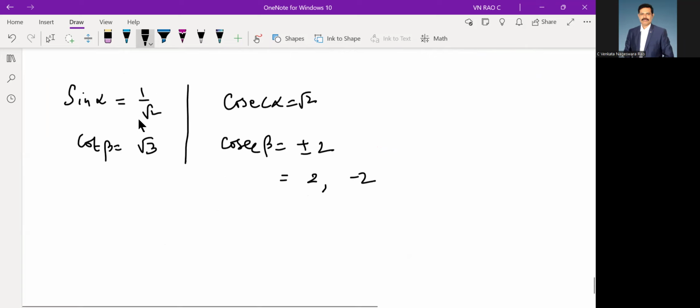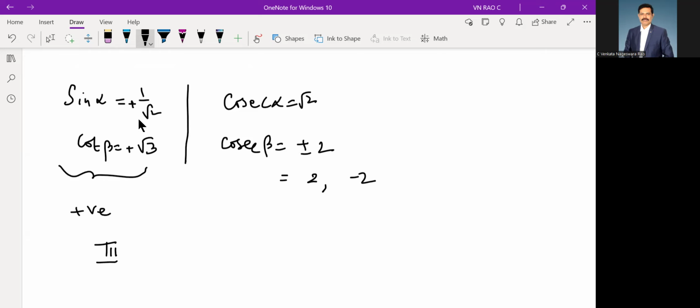But given that sine and cot are both positive, it lies in the first quadrant as well as the third quadrant, where both are positive. We should be careful about which angle we should take, that is very important here.